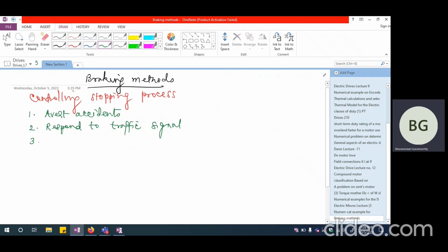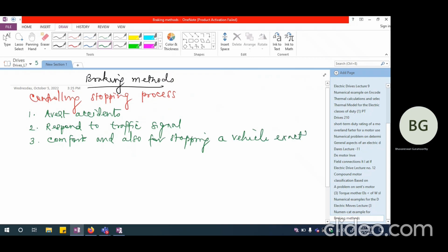So to stop the train precisely, for user comfort, and also for stopping a vehicle or a train exactly at a specified point.